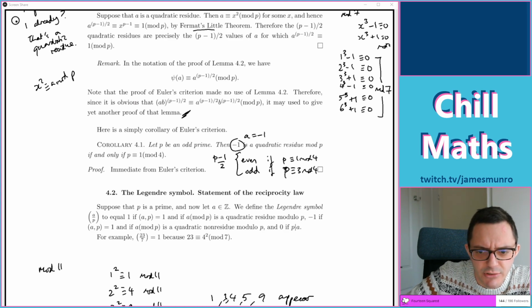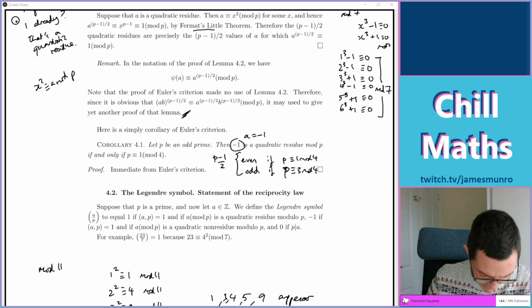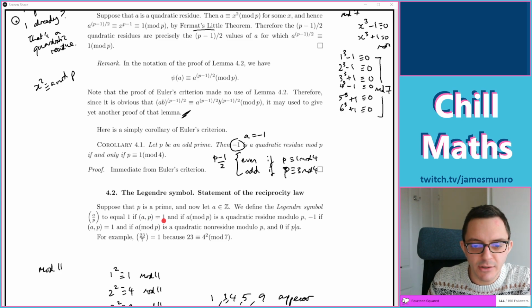Let's learn the Legendre symbol. It's defined like this. If a and p are coprime, so the condition we had before, there's so many uses of brackets, it's out of control in this sort of maths, right? So we're introducing a new sort of bracket: this one means the numbers are coprime to each other, and this one means modulo p.